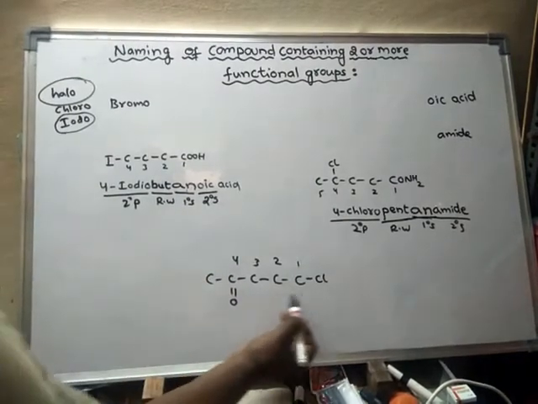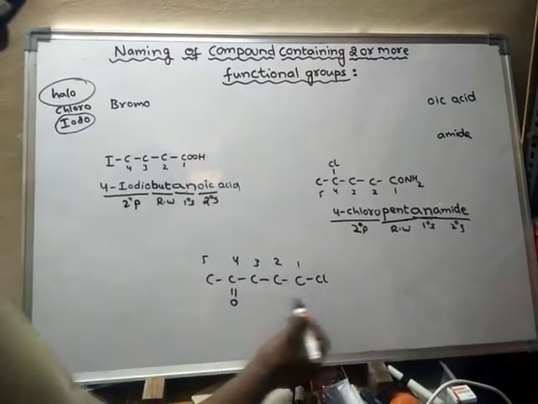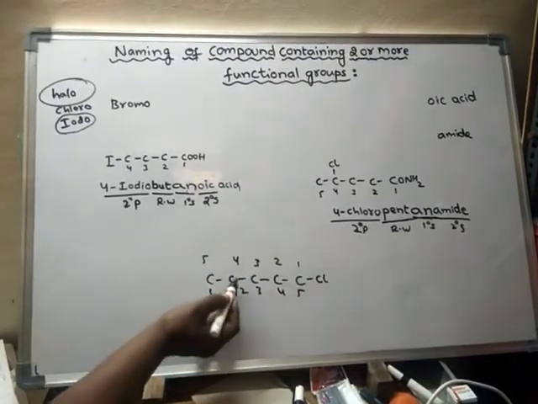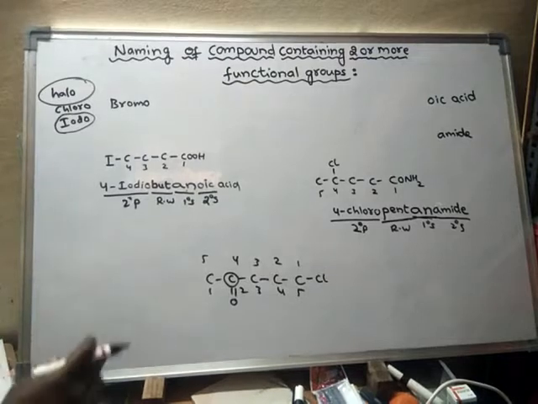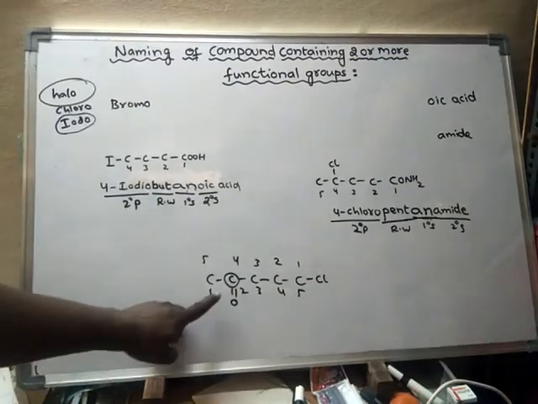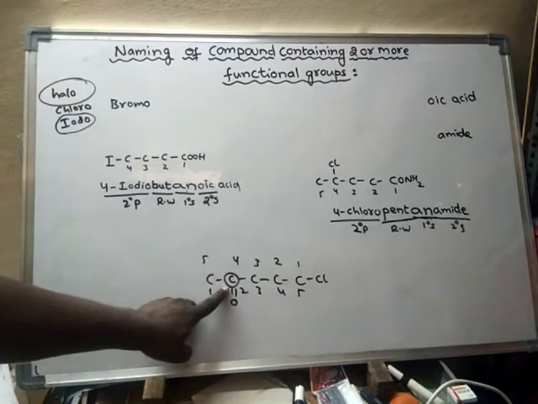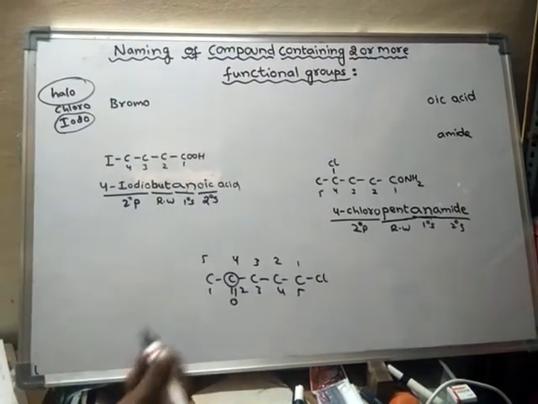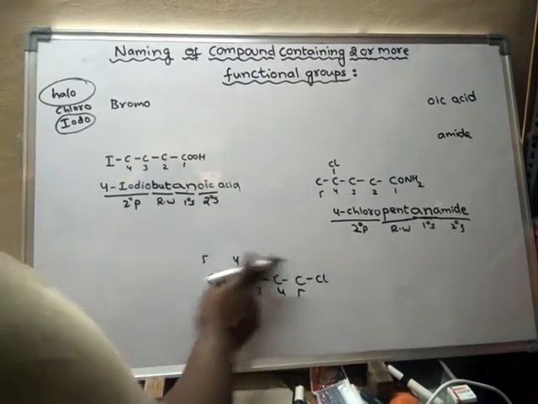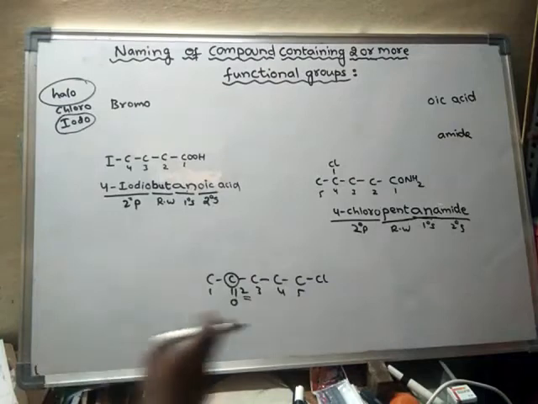If I give numbering in this direction, 1, 2, 3, 4, 5, now this carbon is getting only 2. Hence we have to see that the carbon bearing the functional group should always get the lowest possible number. So now 2 is the lowest possible number. So cancel this order. Now name it.